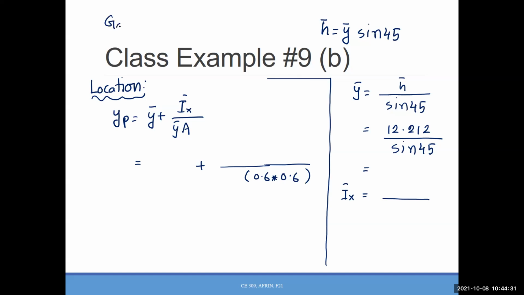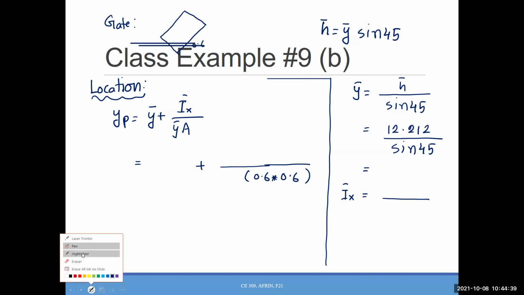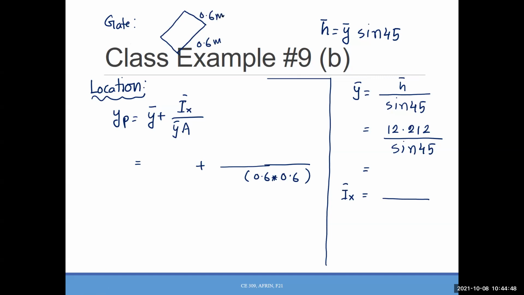I will draw a picture of gate. 1.6 meter. Okay, what y bar you got? Seventeen point two seven. 17.27 from the water surface, right?